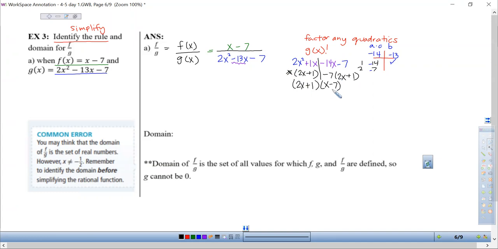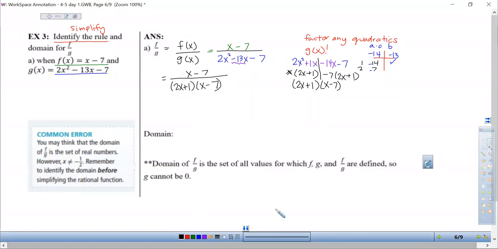The factors from the GCFs are x and minus 7. So that means that f of x was x minus 7. I can rewrite g of x, 2x squared minus 13x minus 7, as 2x plus 1 times x minus 7.